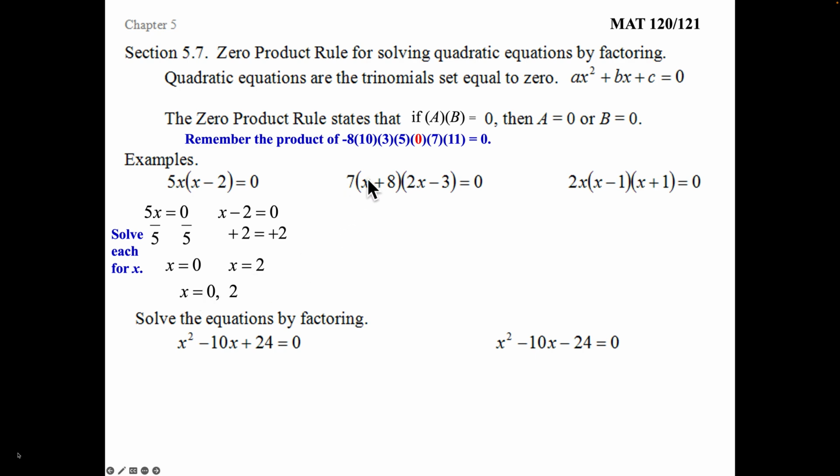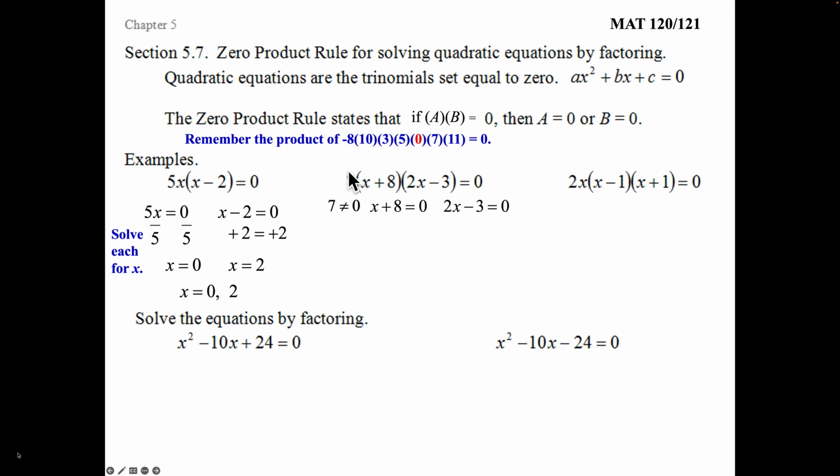All right, here we have three factors. I have a 7, which is a number, and two quantities. Each one of these factors is set equal to 0. Well, hopefully you can see right off the bat that when I set 7, that GCF factor, equal to 0, there's no way 7 can be equal to 0. That's a false statement. We'll throw it out.